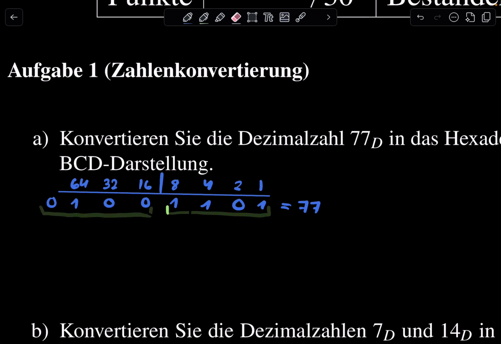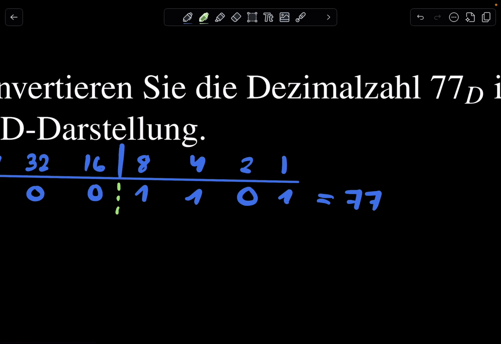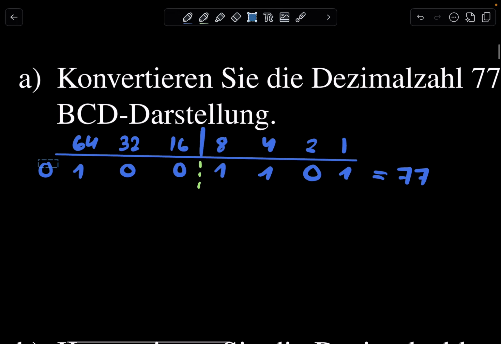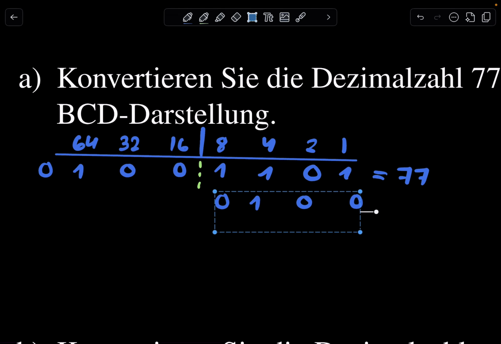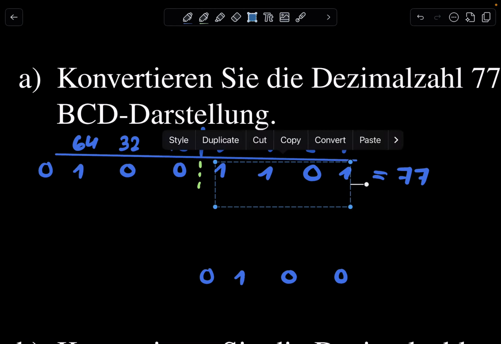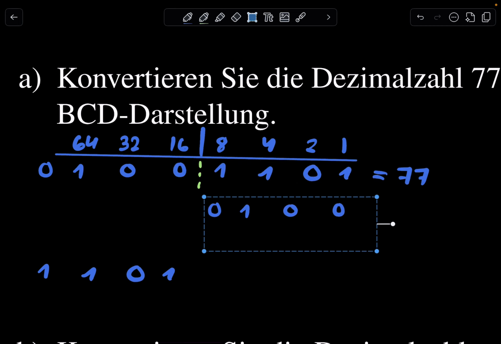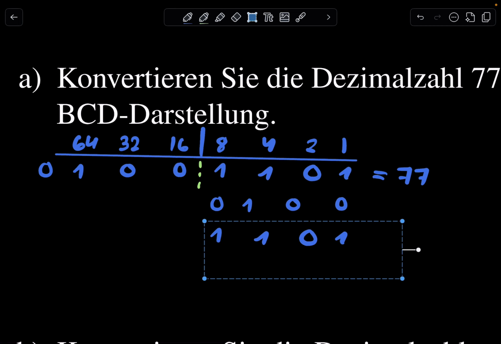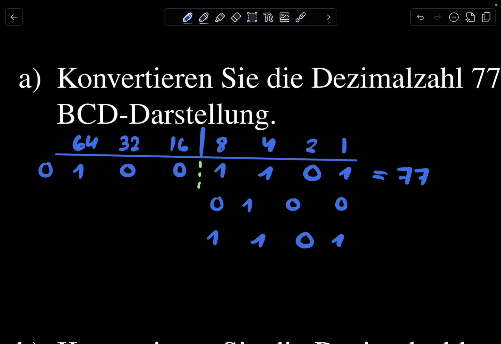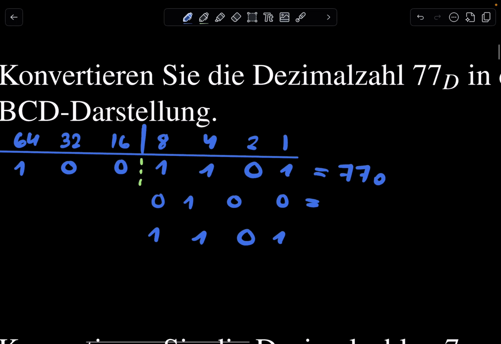If we put a little division here, we take this part and this part. This gives us 4, and this one, 1 plus 4 plus 8, is going to be 13.